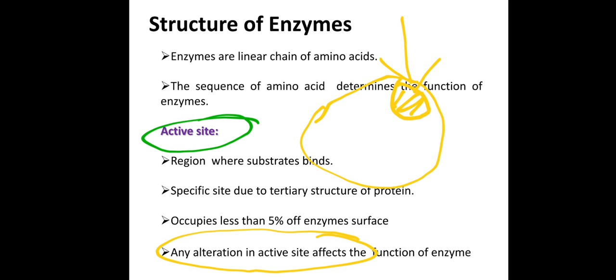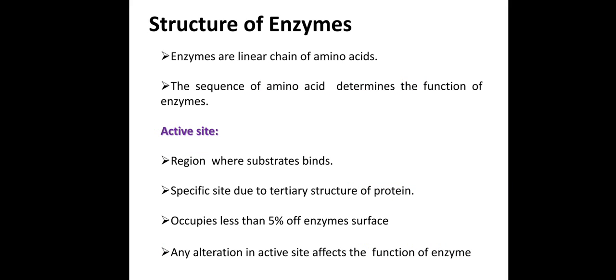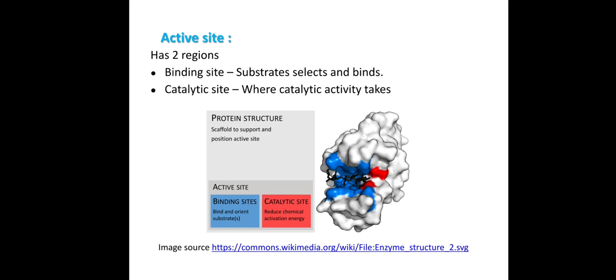That site to which substrate binds is called the active site. Just like you have a lock and key, even if the lock is much bigger, the keyhole will be smaller, isn't it? In the same way, the active site will be a small portion of the enzyme to which the substrates bind and where the chemical reaction is carried out.